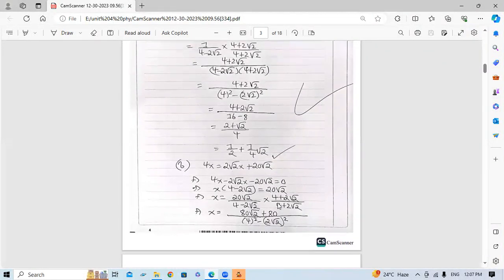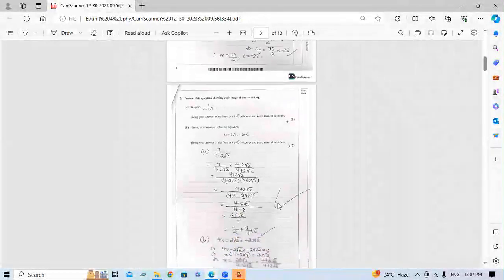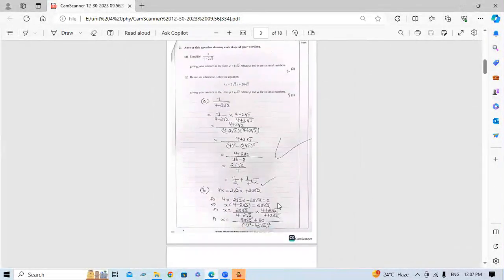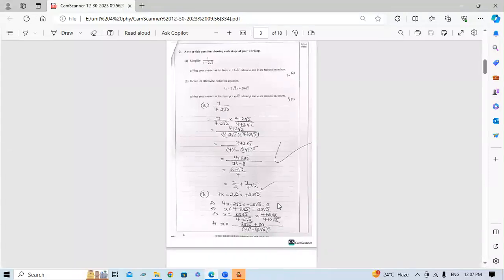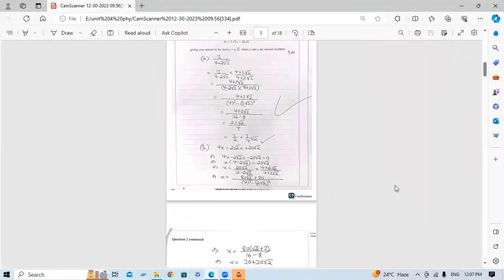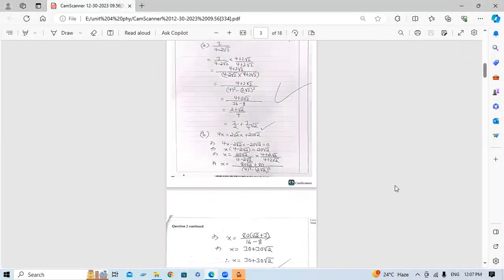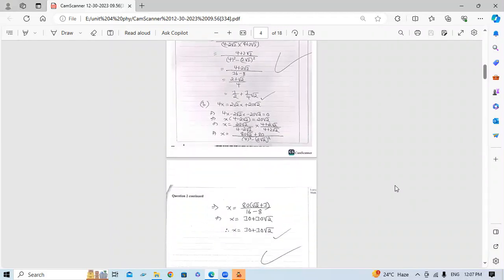And that's the answer. 10 plus 10 root 2 is the final answer in 2b.